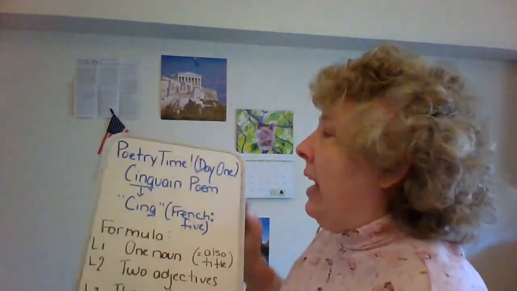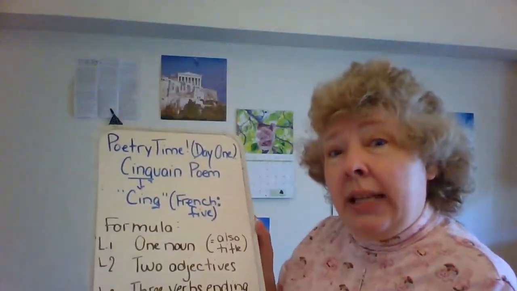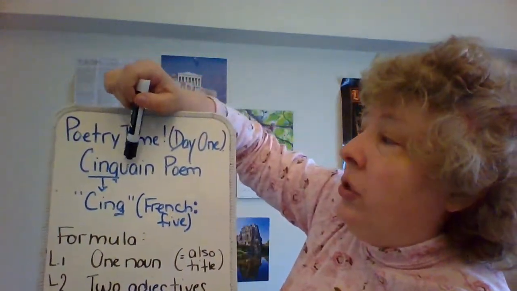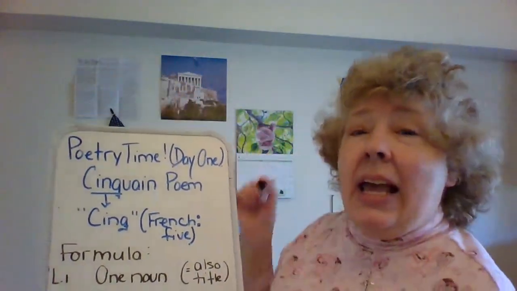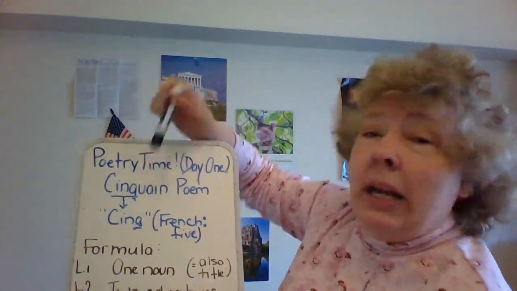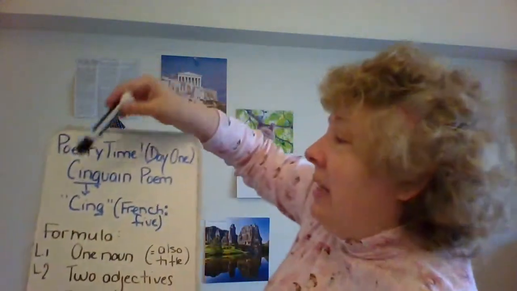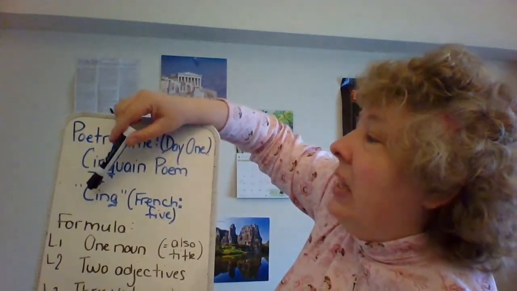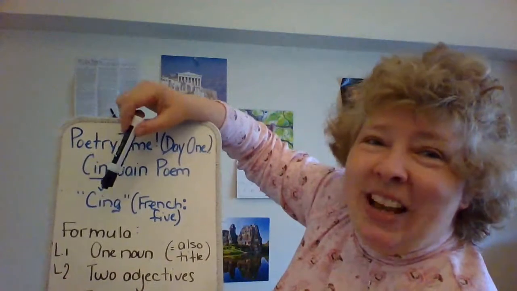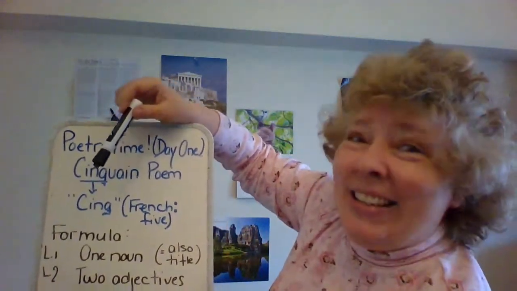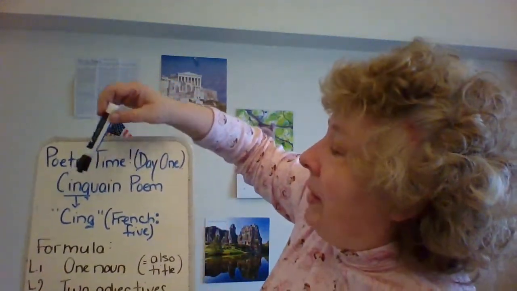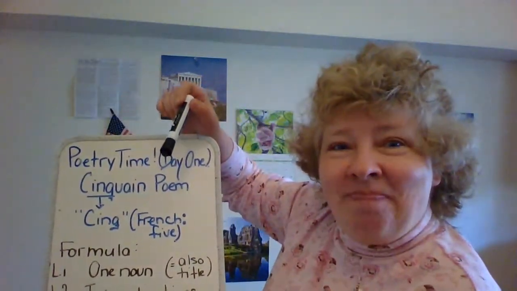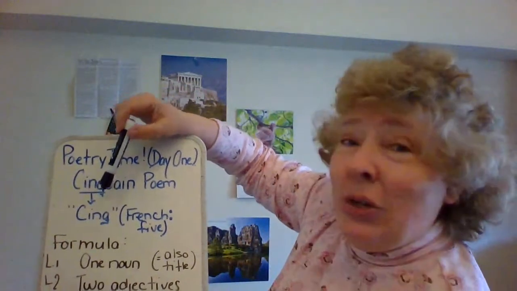Okay? Now, Cinquain, let's all pronounce that. Cinquain. The first part of that word comes from a French word, namely cinq. I always have to do my little French practice here. Cinq is French for 5. It's C-I-N-Q.